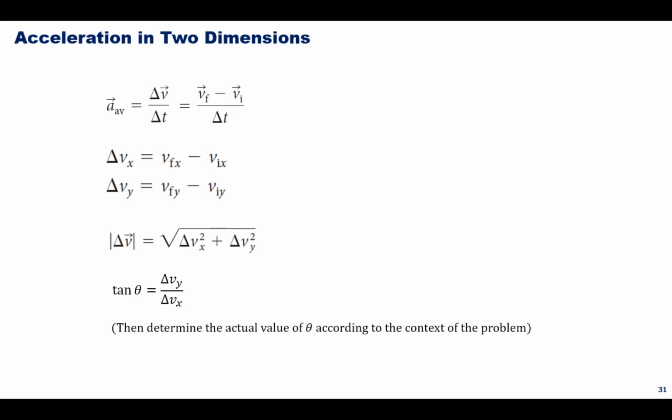So basically, the average acceleration should have the same direction as your delta V, right? Okay, so these are the basics to calculate the acceleration in 2 dimensions.